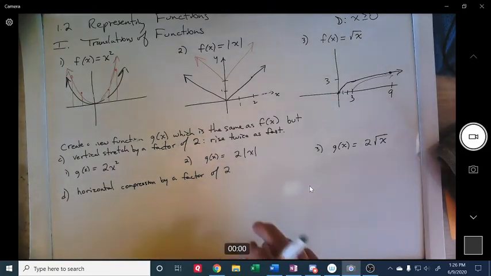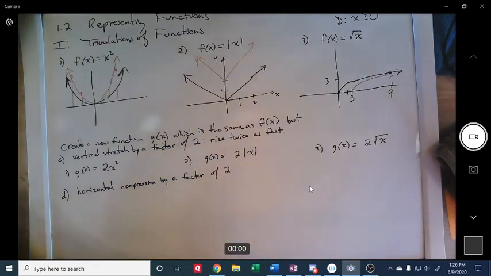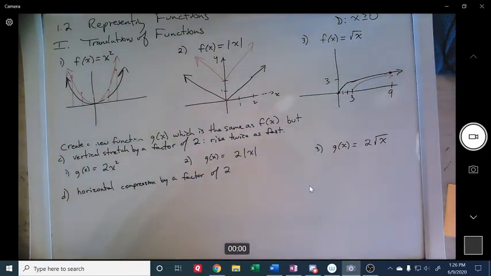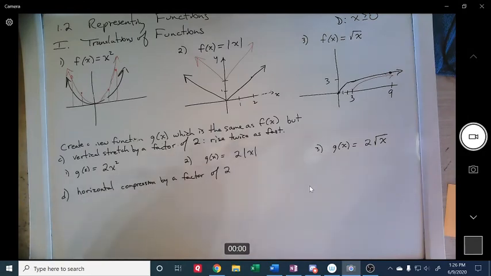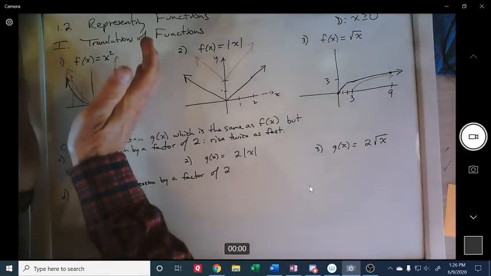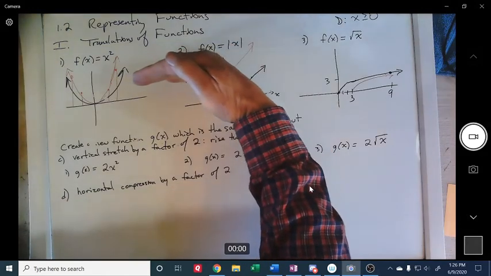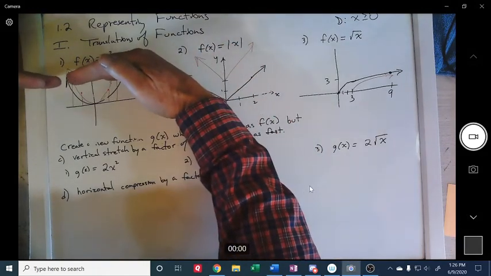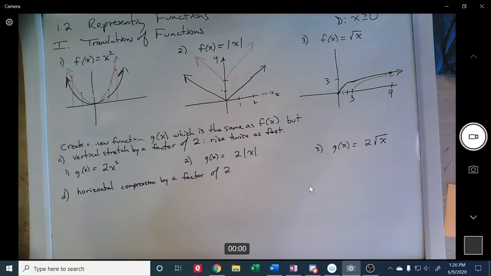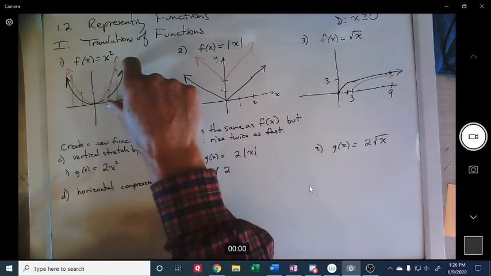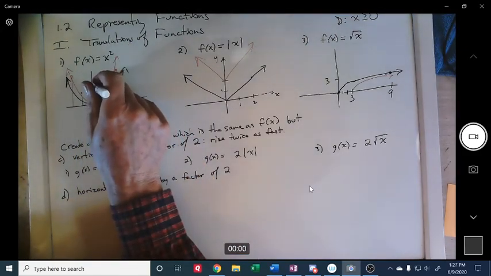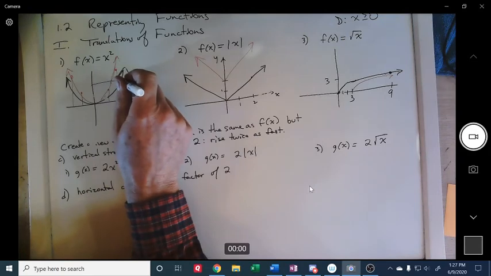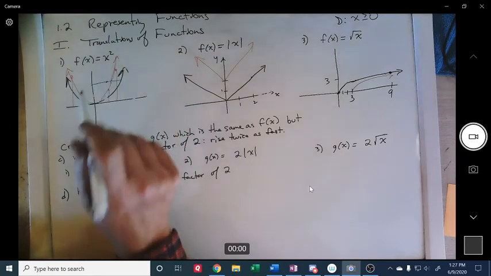If we have a horizontal compression by a factor of 2, instead of moving the black graph up here upward, we come from the sides and we push inward. And then the heights are going to still wind up going up, but notice every horizontal distance is going to become half of that horizontal distance.